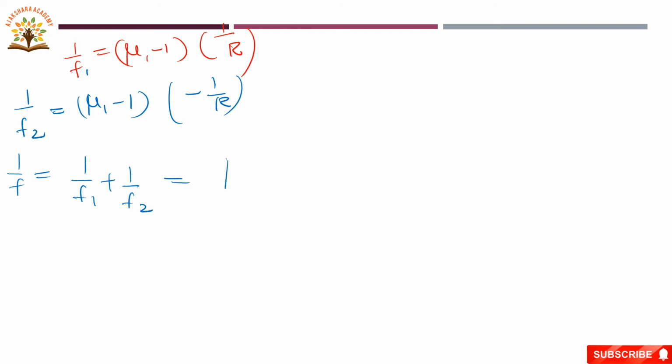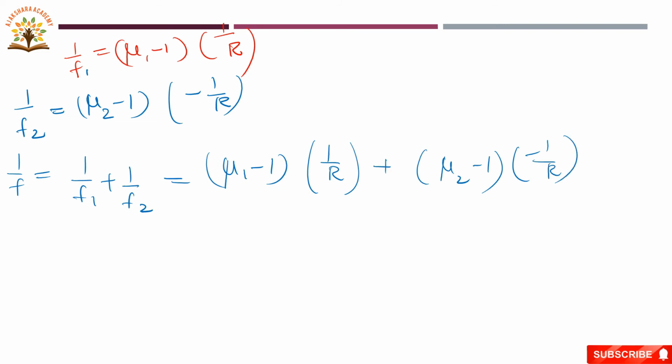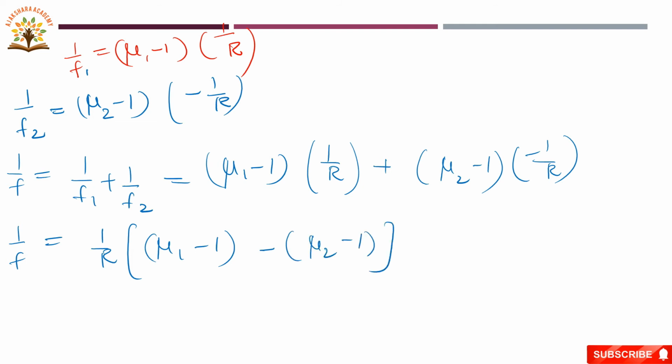So that is equal to (mu1 minus 1) into 1 by r plus (mu2 minus 1) of minus 1 by r. So 1 by f is equal to, taking 1 by r as common, 1 by r into (mu1 minus 1 minus (mu2 minus 1)).